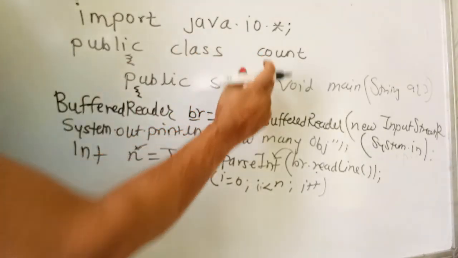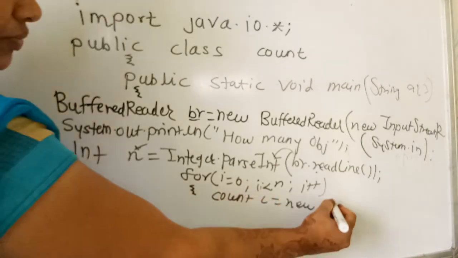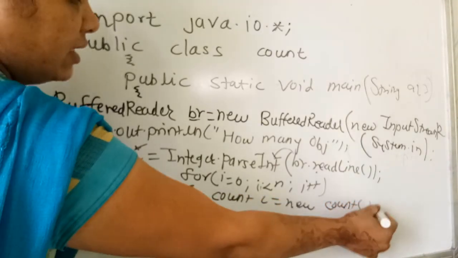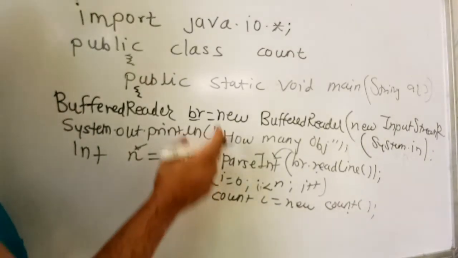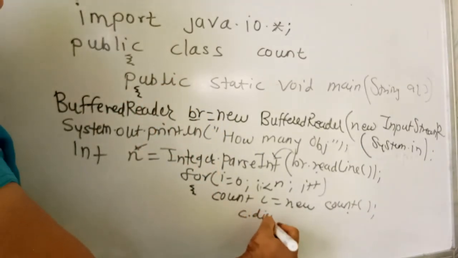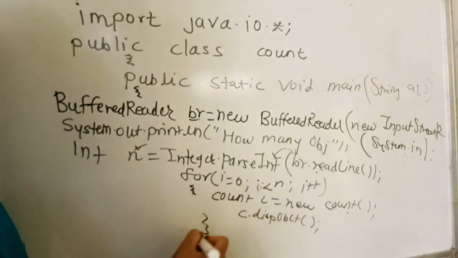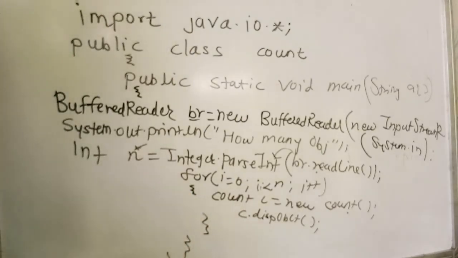So Count c = new Count(), creating the constructor, and simply calling the display method, that is c.displayObject(). By this mechanism, it will display the count: however many objects you create will be counted and displayed by the display method.